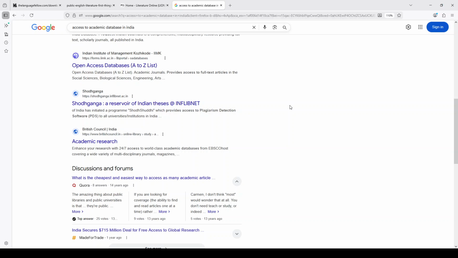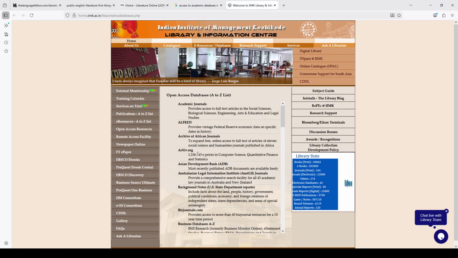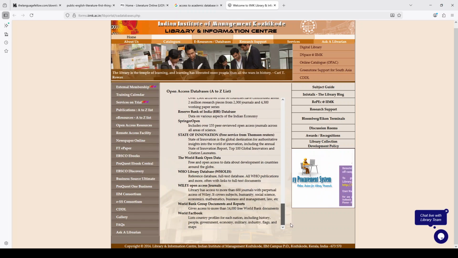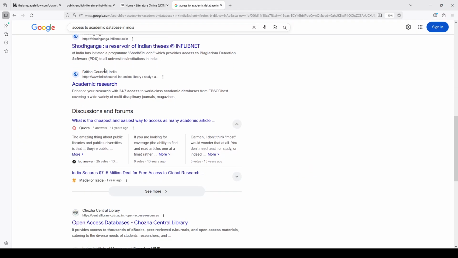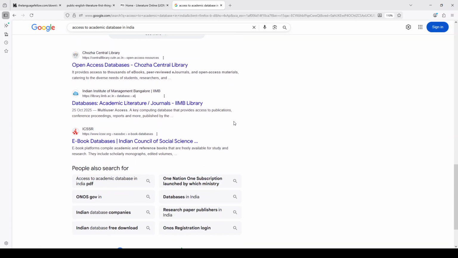Open access databases, that's IIM Kozhikode, which is something you have to look at because it can definitely help you when you don't have access to subscription based material. Academic research, British Council.